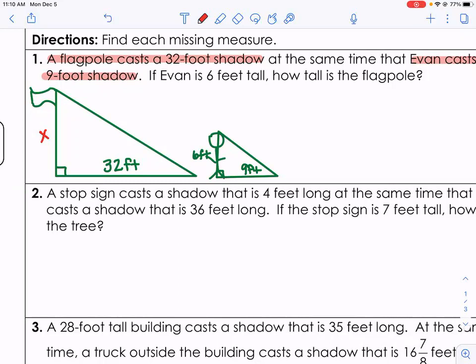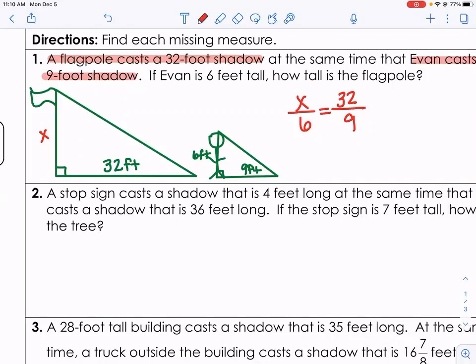Okay, so Ryan, which side corresponds with X in my smaller triangle? Oh, 6. Okay, X and 6 correspond, as does 32 and 9.